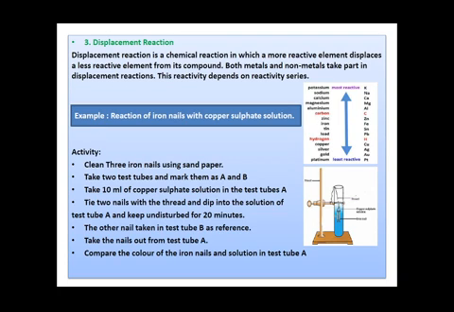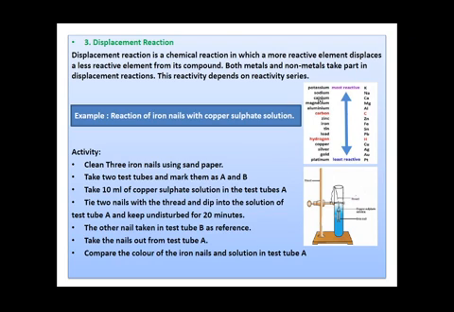Now third type of reaction is displacement reaction. Students, in chapter 3, metals and non-metals, we will study about reactivity series in detail, which is shown here in this figure.